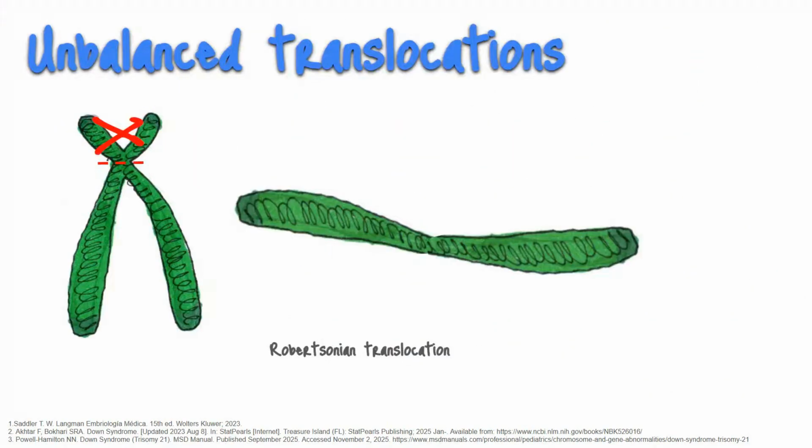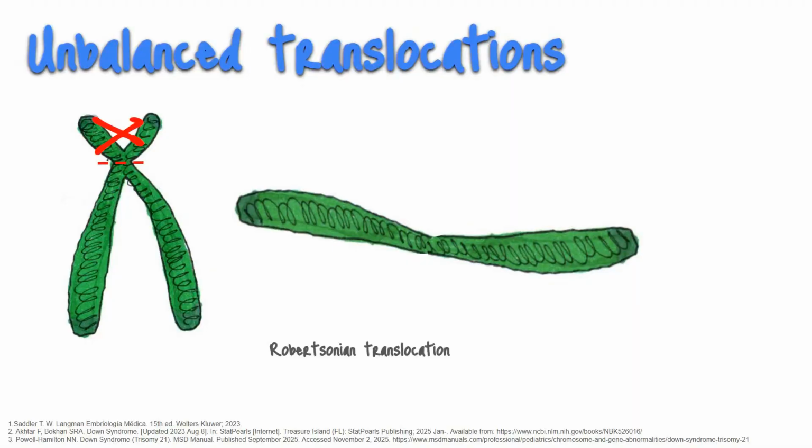However, the typical karyotype is not the only way to get Down syndrome. All that is needed is duplicated material from chromosome 21. Here we have some examples that aren't the classical 3 chromosomes. So, we have the Robertsonian translocation.